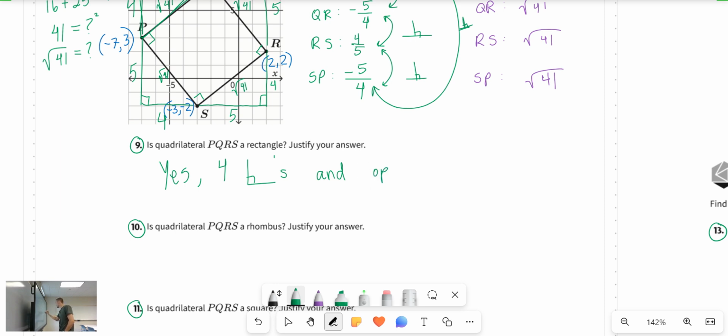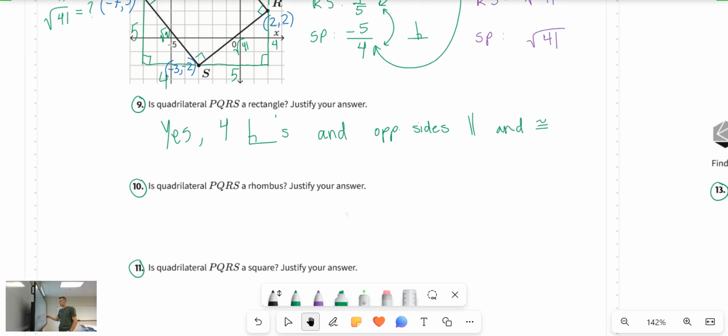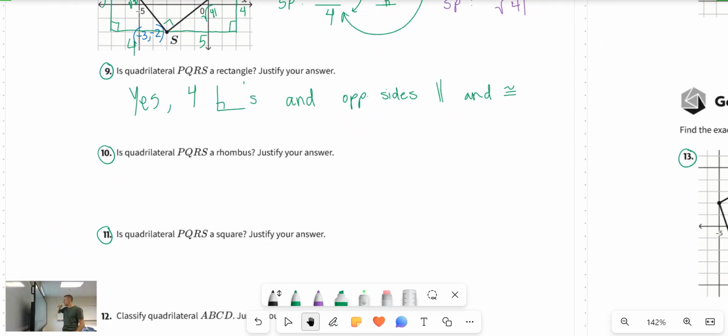And opposite sides parallel and congruent. That is a rectangle, so that works. And we have the math up top to back it up.